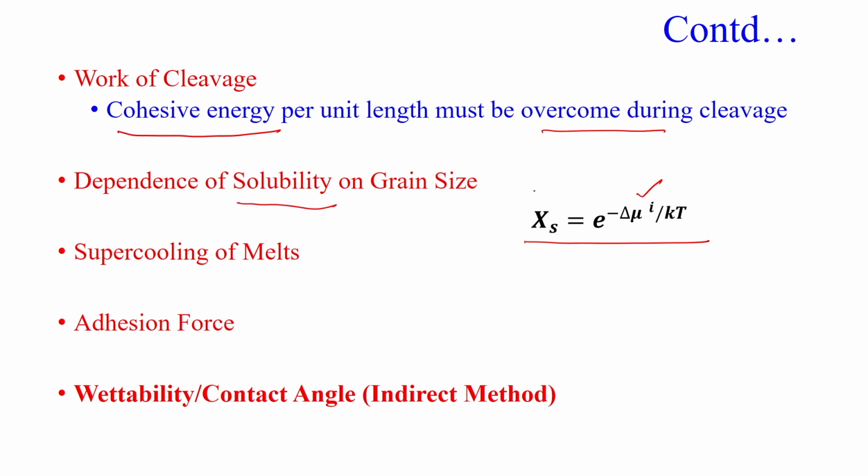If you remember the previous lectures, this is a Boltzmann equation where mu I is the self energy, k is the Boltzmann constant, T is the temperature, and x s is the solubility. In fact, we also did one exercise to see how the solubility of NaCl is related with its surface energy. Another method is supercooling of melt.